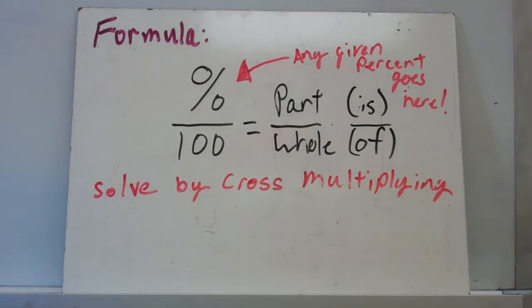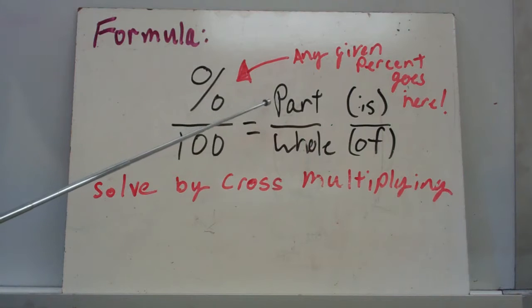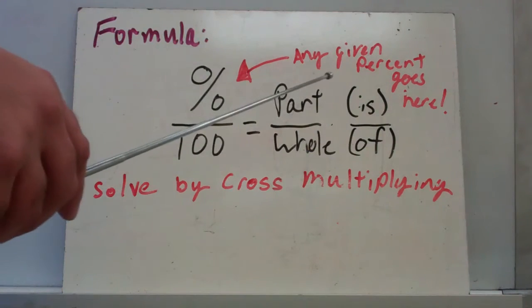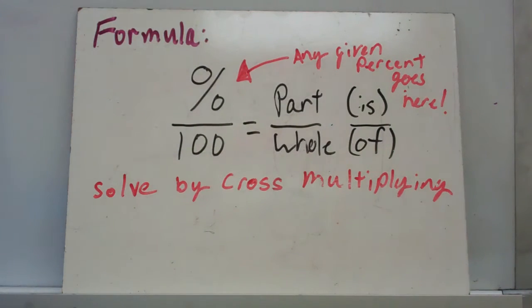So while we are solving these problems, there will be some numbers given. One of those might be our whole, one of those might be our part, and they're going to go in their respective places there. We can also see this as percent over 100 is equal to is over of. Sometimes you'll see that.